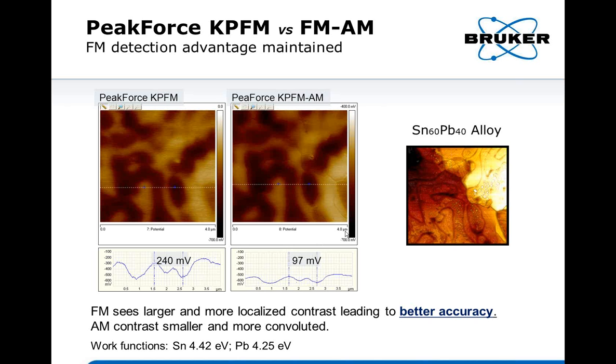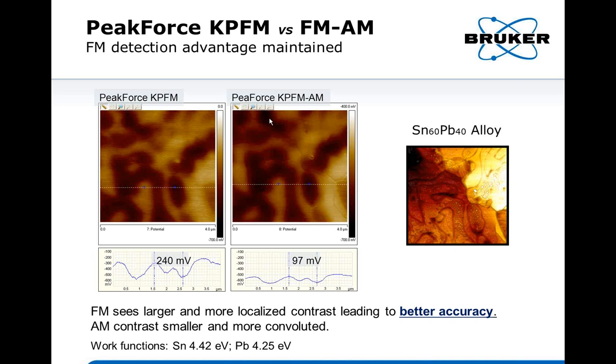Again, both FM and AM resolve the difference, but FM gives you a more accurate reading. The reason is the measurement is more local. The contribution is mainly from the tip apex.